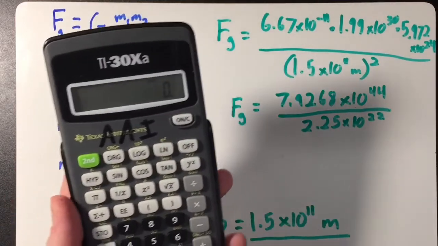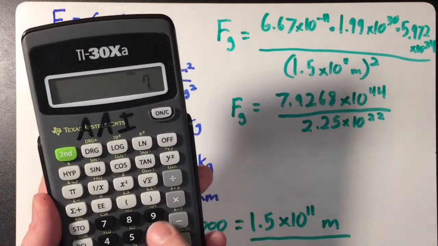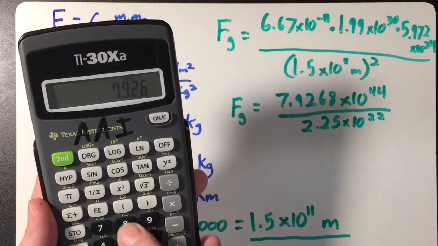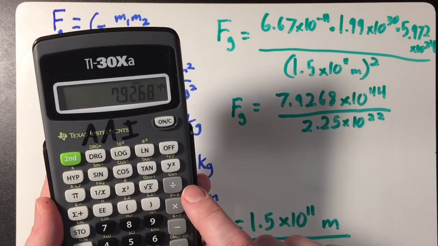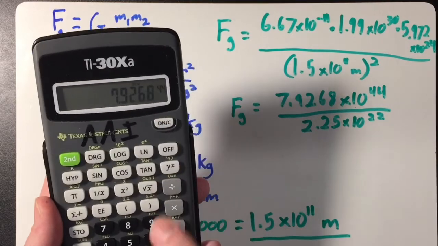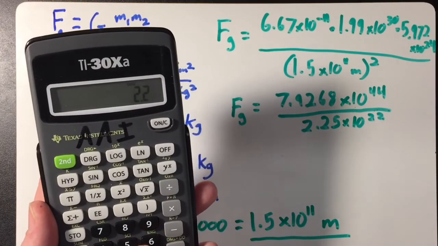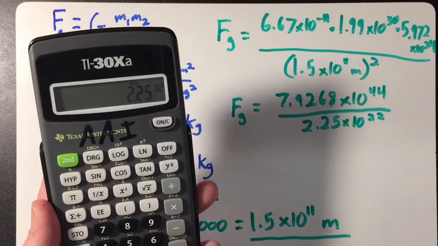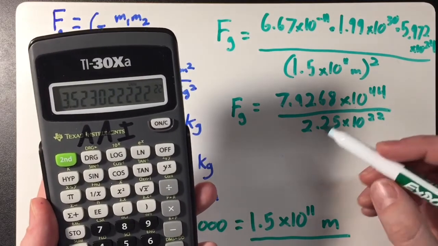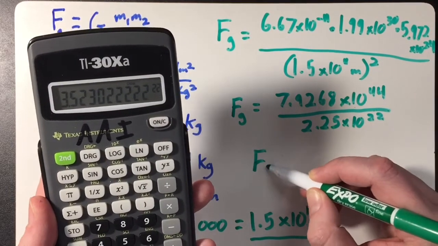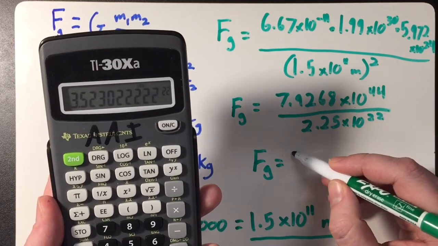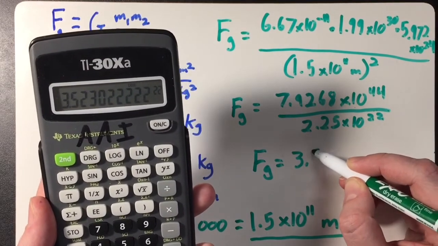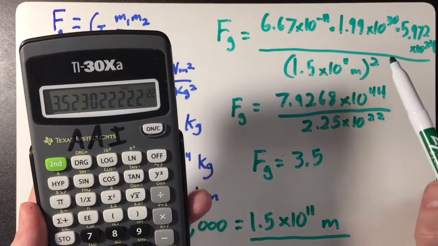So then I just divide these, 7.9268 EE44, EE means times 10 to the 44th power, divided by 2.25 EE22, and that gives me this number. Force of gravity is equal to 3.5, let's see, how many significant digits do I have?